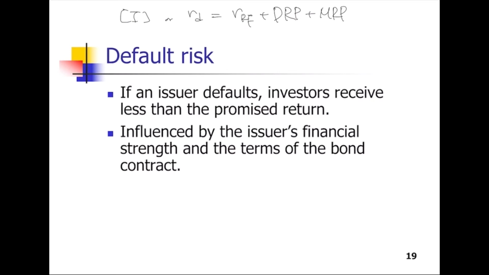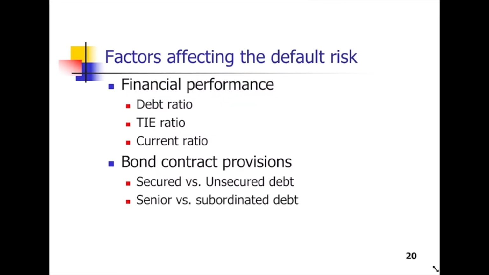In this slide, we are going to check default risk more deeply. If an issuer defaults, investors receive less than the promised return. So it is influenced by the issuer's financial strength and the terms of the bond contract. Factors affecting default risk are the financial performance and bond contract provisions.